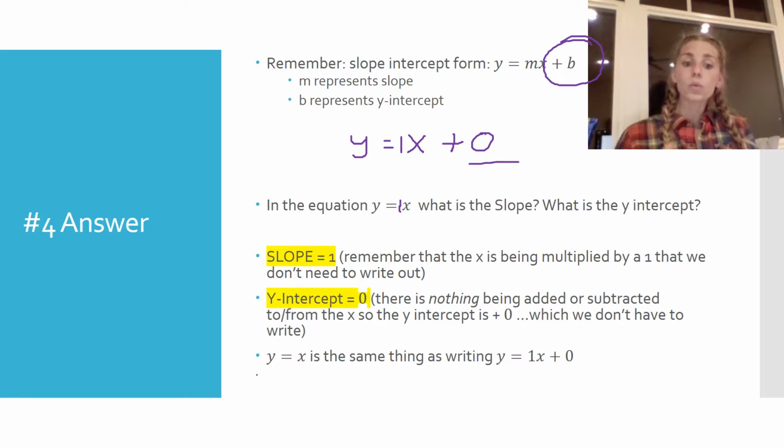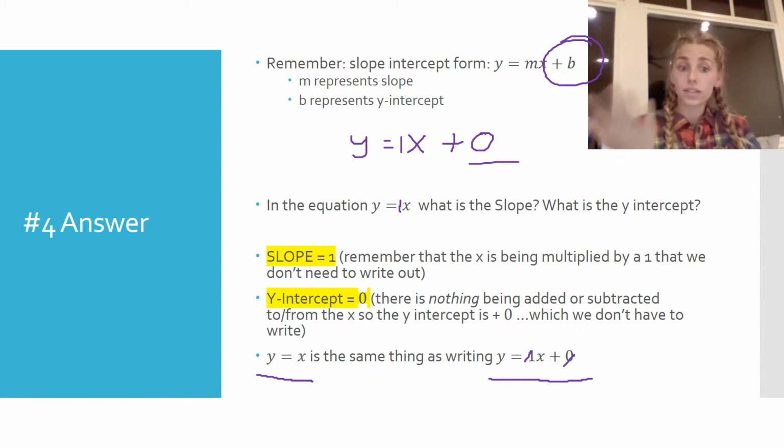So y equals x is the same thing as saying y equals 1x plus 0, but we don't need to write the 1 and we don't need to write the 0 because that would just be redundant. So we just write it as y equals x. If you see an equation that looks like that in the future, don't let it trick you. It's nothing crazy or new. It's just missing a few things. You just have to remember that the x exists, there's a 1 in front of it, and there's no y-intercept.